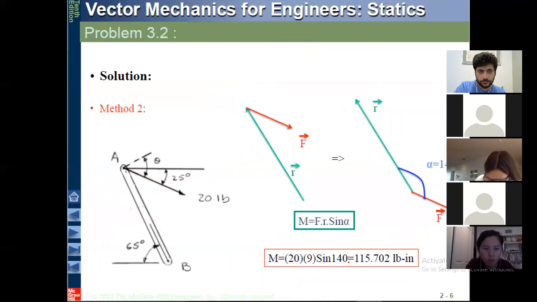All right. And you can also calculate, if you have the magnitude of the position vector r and the force, and also the angle between them, then you can calculate the magnitude of the moment by this formula.